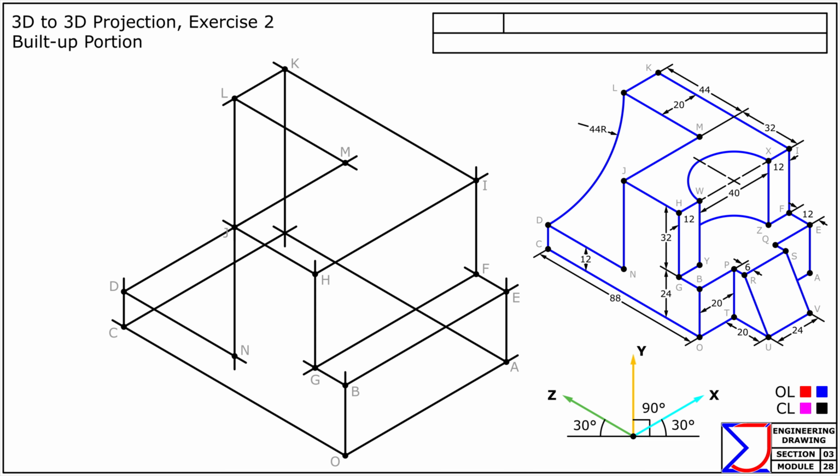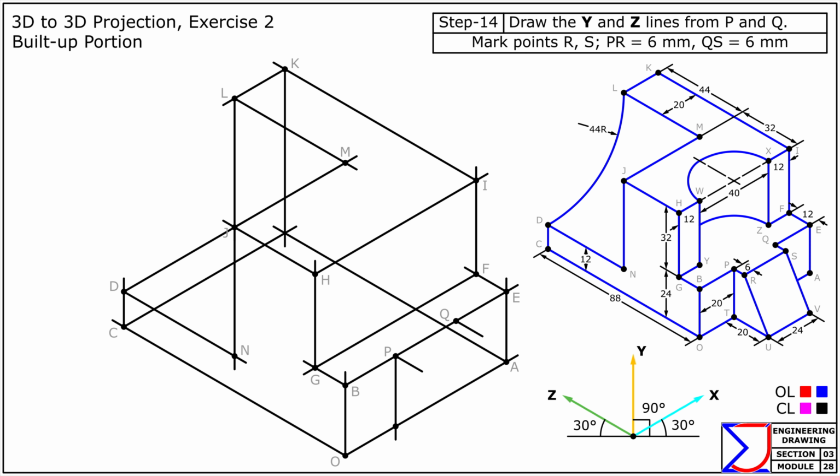With the framework in place, let's begin constructing the built-up portion. First, mark points P and Q on the line BE at their respective distances from B. At points P and Q, draw the remaining parallel lines.